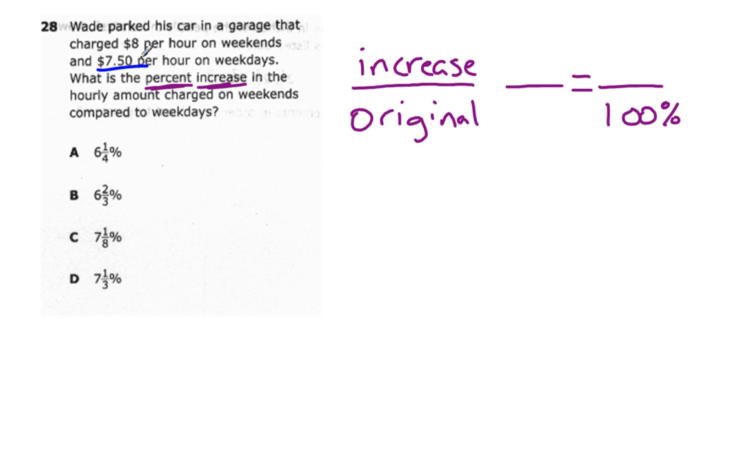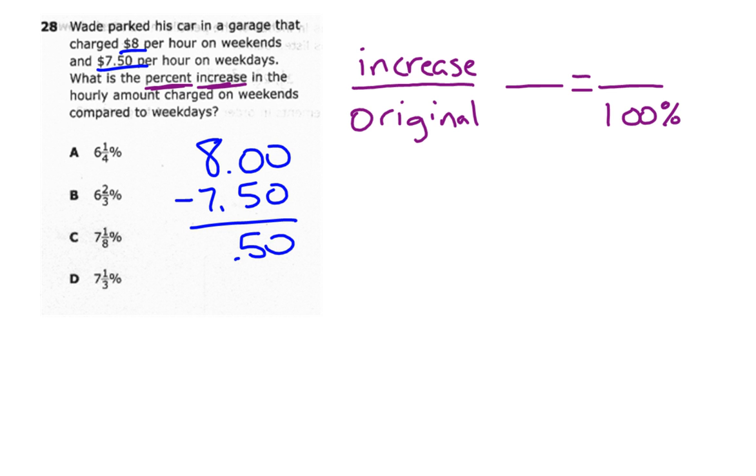So how do we get from $7.50 to $8? Well, what is the difference between $8 and $7.50? We just subtract and we get 50 cents. So our increase is 50 cents over our original price. The original price is what we started at, which is $7.50. And we want to know what that is as a percent.